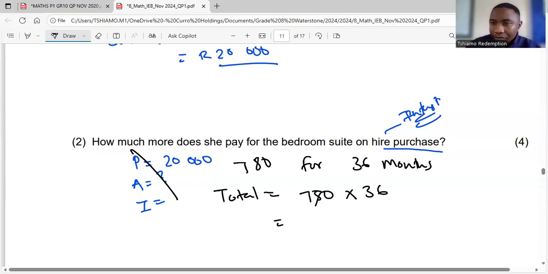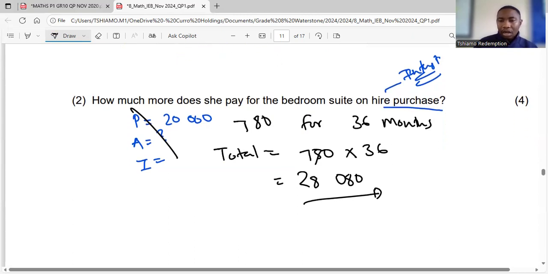Yeah, because they told us the monthly payments, so you just multiply that together to get how much the person will be paying on her purchase. So 780 multiplied by 36 is 28,080. So this is how much the person will pay on her purchase.